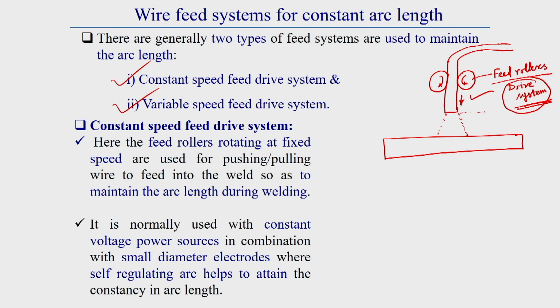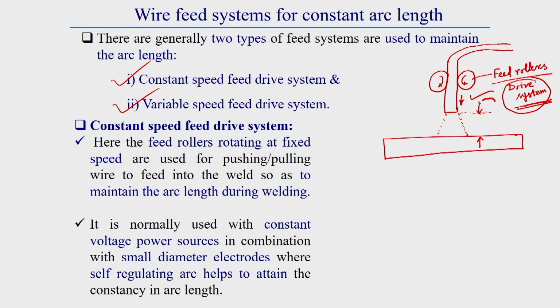Due to this pushing or pulling, the roller can rotate in the clockwise as well as anti-clockwise direction. So, by pushing and pulling we can control the arc length, but the roller has a constant speed. This roller provides a constant speed of filler wire.